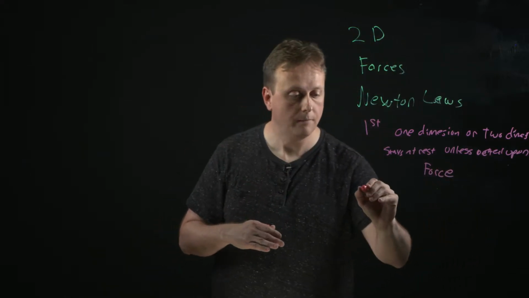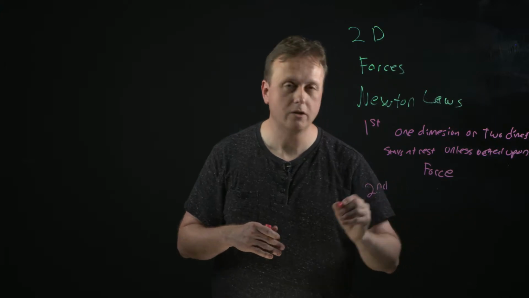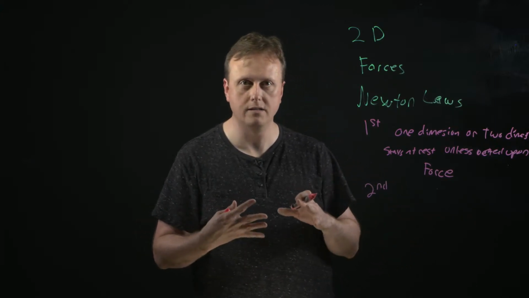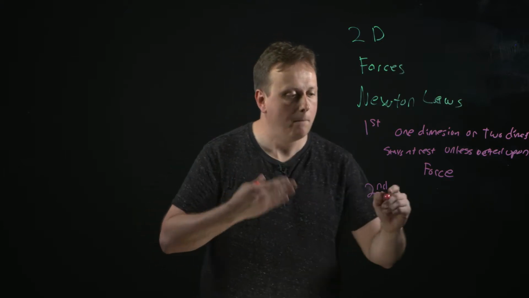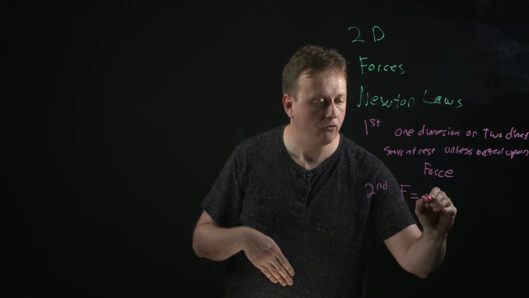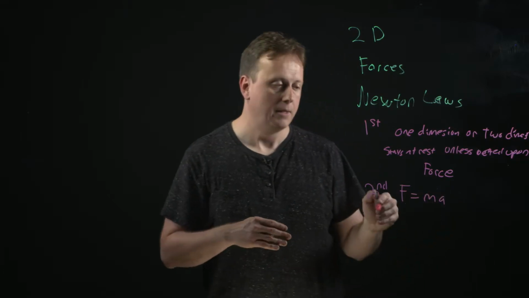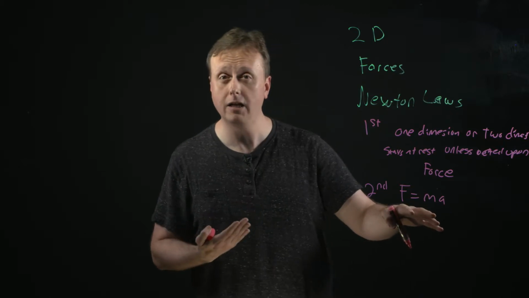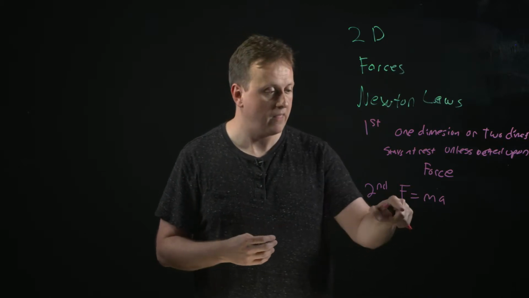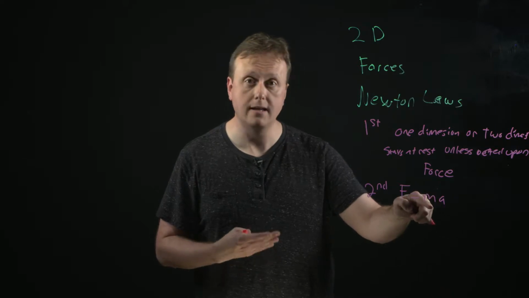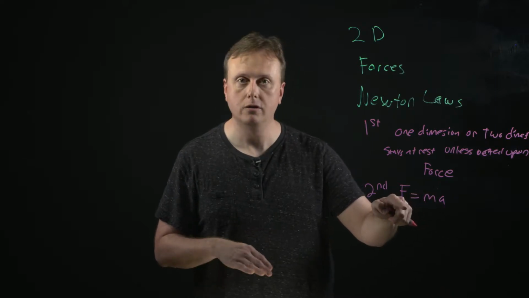Newton's second law really describes how that force works. Newton's second law can be written many different ways, but the most common way to refer to it is by F equals ma. Don't be too caught up on this. This is just simply a statement in mathematical language of a basic principle that the acceleration of an object of mass m is proportional to its force.